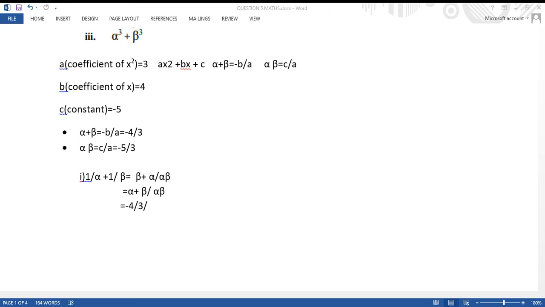After you do that, you determine your a. A is the coefficient of x squared, which is 3. B is the coefficient of x, which is 4. And c is the constant, which is 5. So that's how we've replaced here.